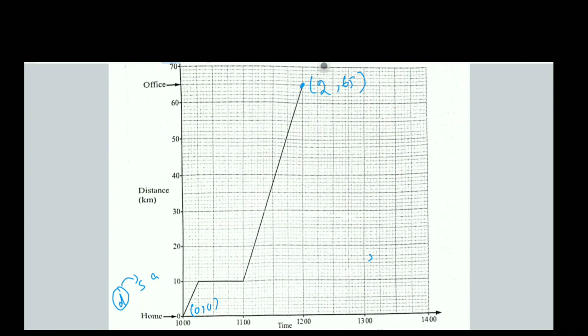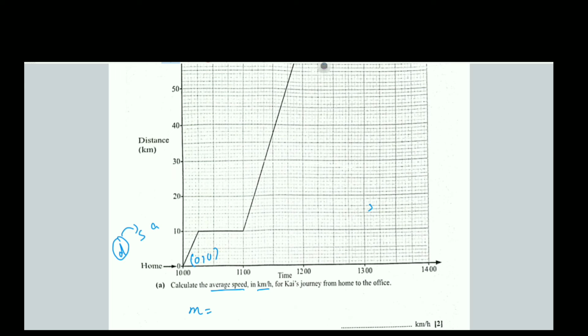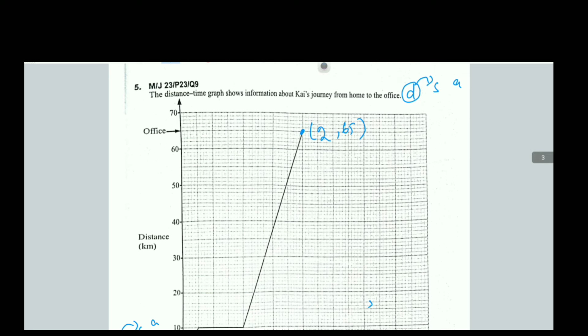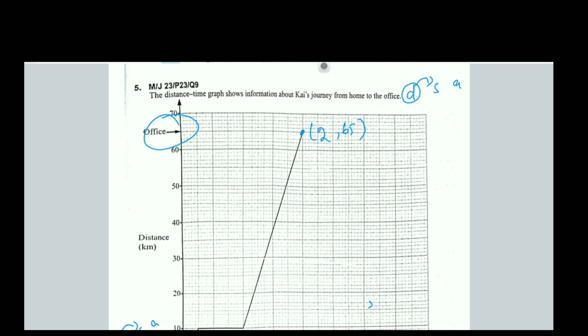So the coordinates of this point are 2 and 65, because every speed is in kilometer per hour. This is the time that is written. So 10 to 11 is 1 hour, 11 to 12 is 2 hours. So you have to write here 2 hours. You have to write the coordinate or time in hours. And 65, this is 65 kilometer distance.